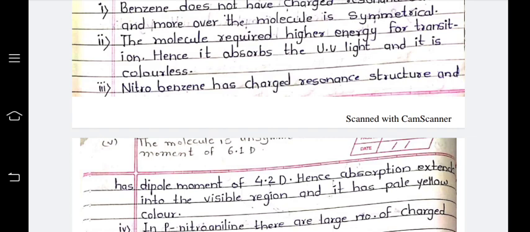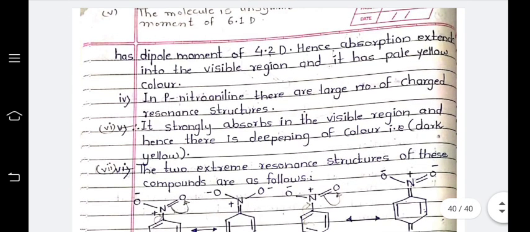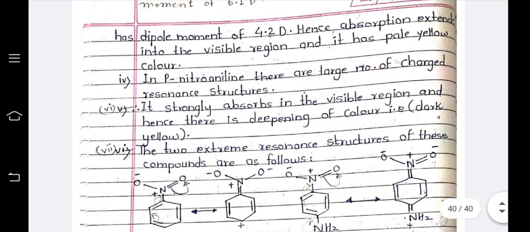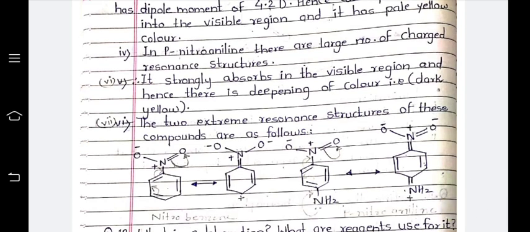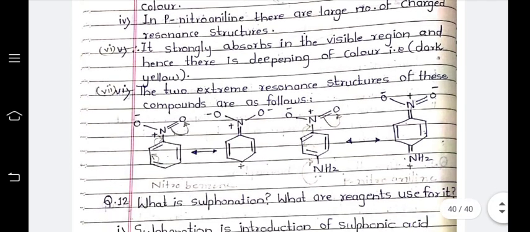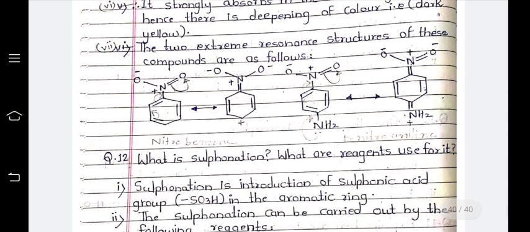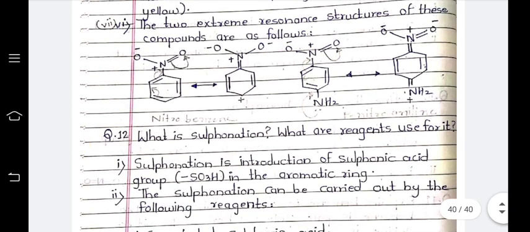Nitrobenzene has a charge resonance structure and a dipole moment of 4.2 D, hence the absorption extends into the visible region and it has a pale yellow color. In para-nitroaniline, there are a large number of charge resonance structures. It strongly absorbs in the visible region, and hence there is a deepening of the color, that is, dark yellow. The two extreme resonating structures of this compound are shown.